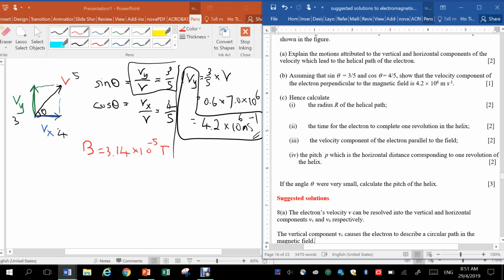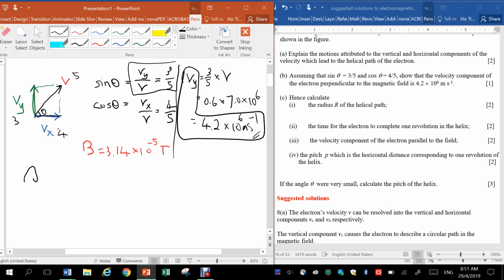So right, we now need to look for the radius of the helical path. Remember just now, in the helical path, when we look from behind, we are observing a circular path, moving this way, this being Vy. And the B field is going into the page, which I'll denote by a few crosses. And we said that there's a force towards the center, a centripetal force.